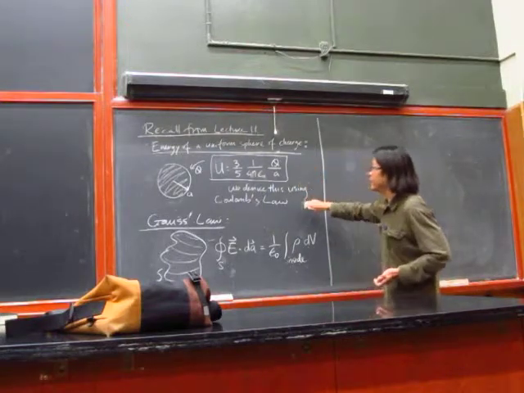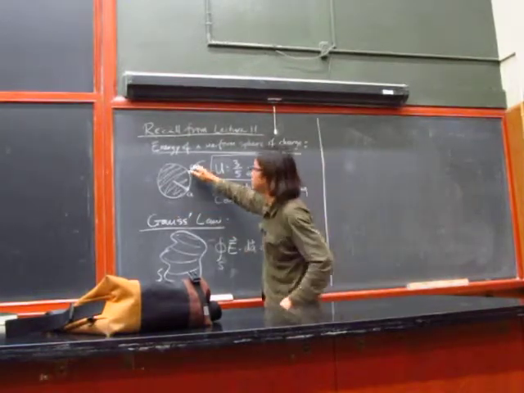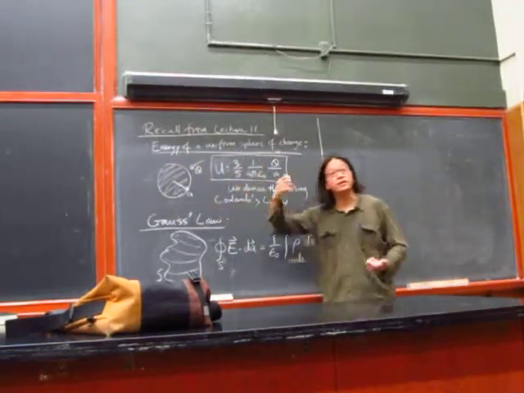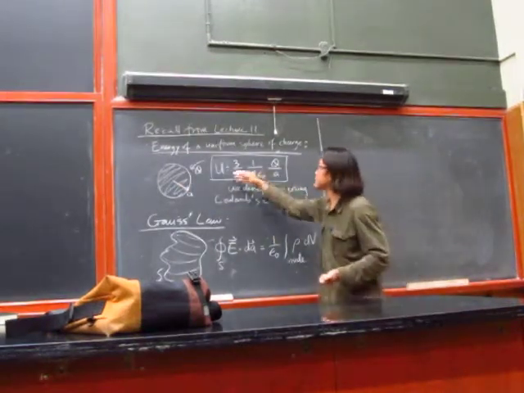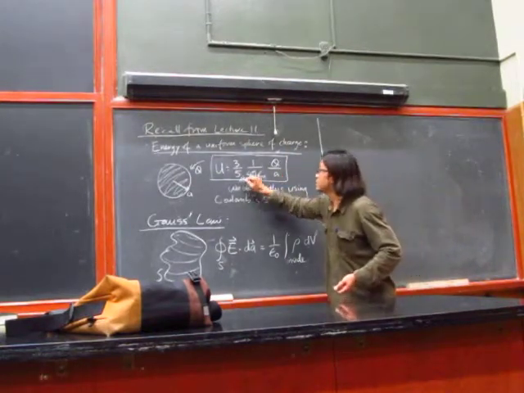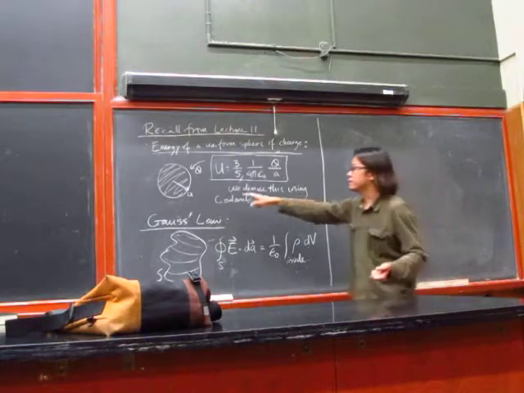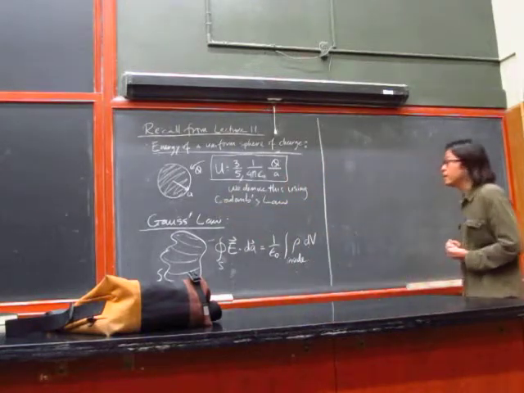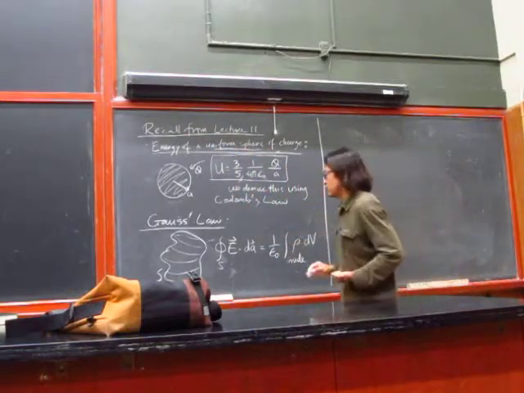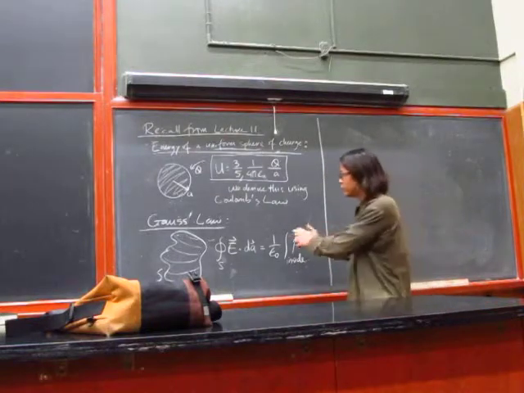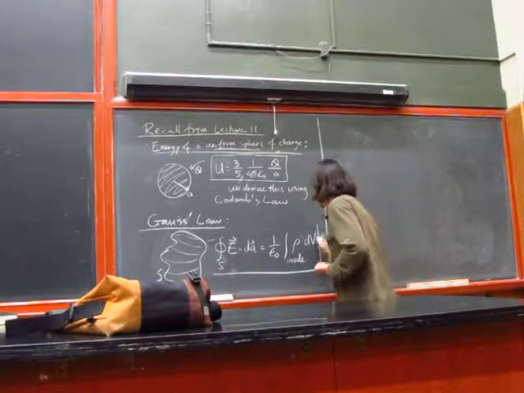We found this by looking at the work done to assemble the sphere differentially, a little bit at a time, from infinity to a configuration like this, and we found the whole thing is 3/5 of 1 over 4 pi epsilon naught Q squared over A, where A is the radius of the sphere, for a uniform charge distribution. And then we moved on to Gauss's law, which is not proven. I don't prove it, and maybe we can prove it during this discussion, but this is a statement.